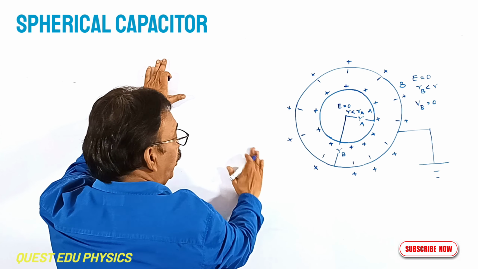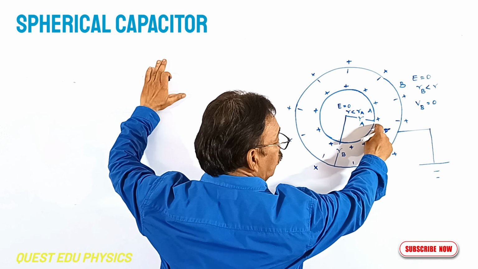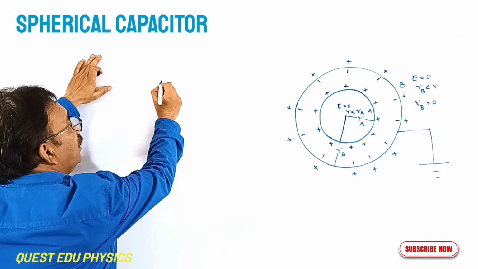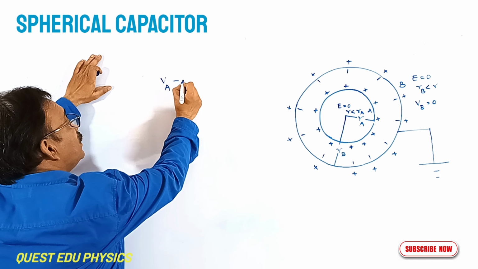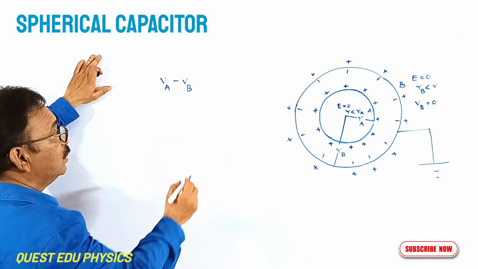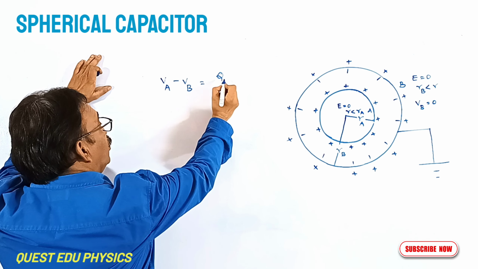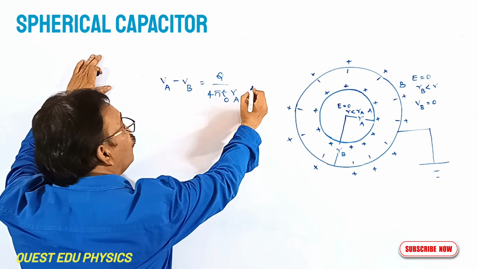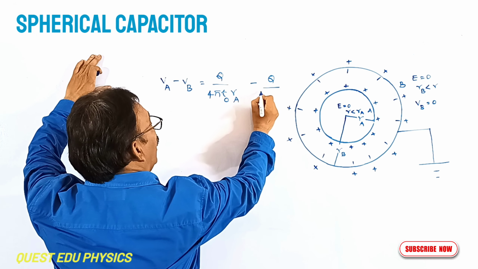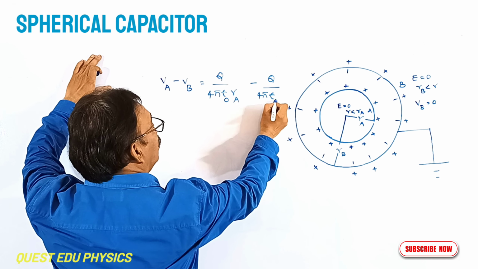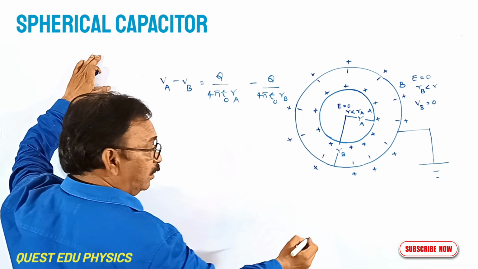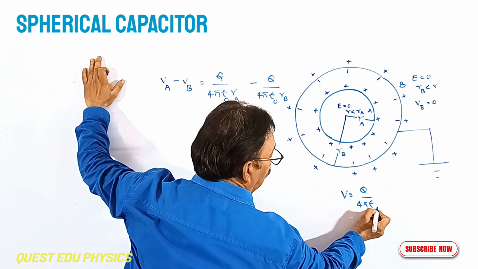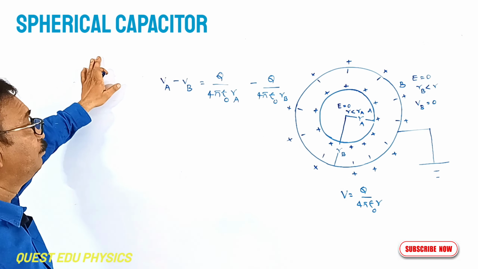Then I am writing the potential difference between the outer of A and the inner of B. That is VA minus VB is equal to Q by 4 pi epsilon naught into RA minus Q by 4 pi epsilon naught into RB, as you know that potential can be written as V is equal to Q by 4 pi epsilon naught into R. We use the same here.